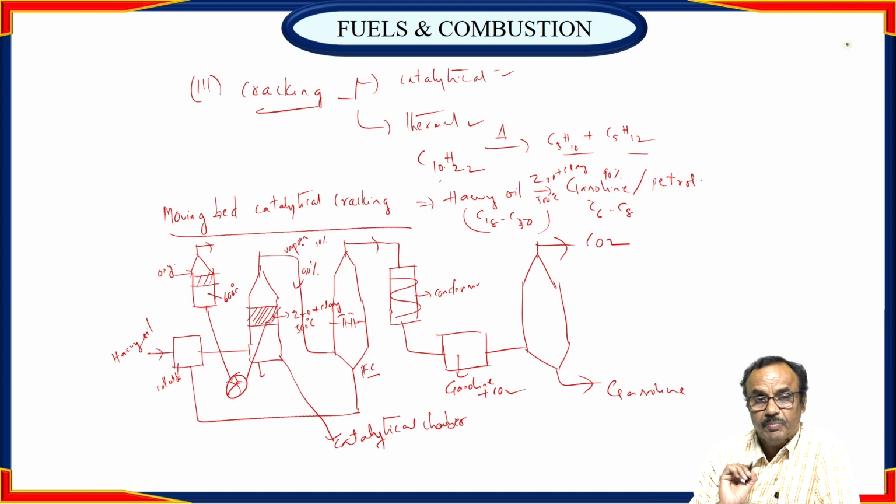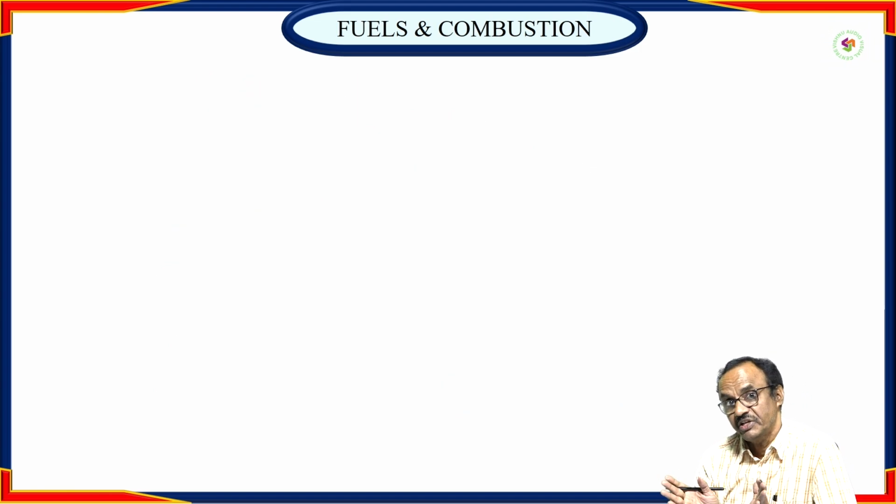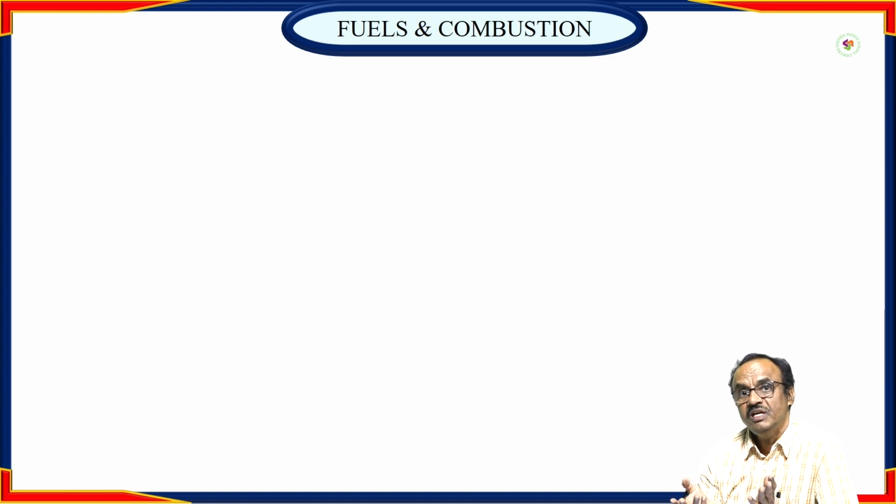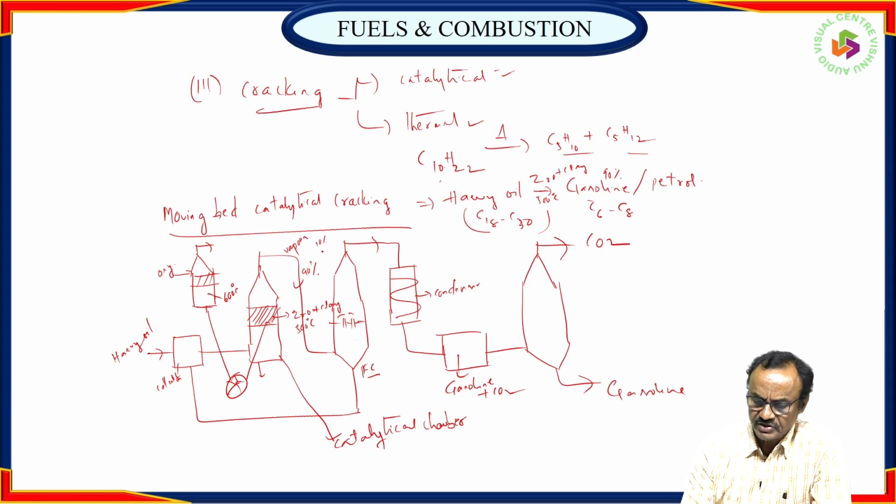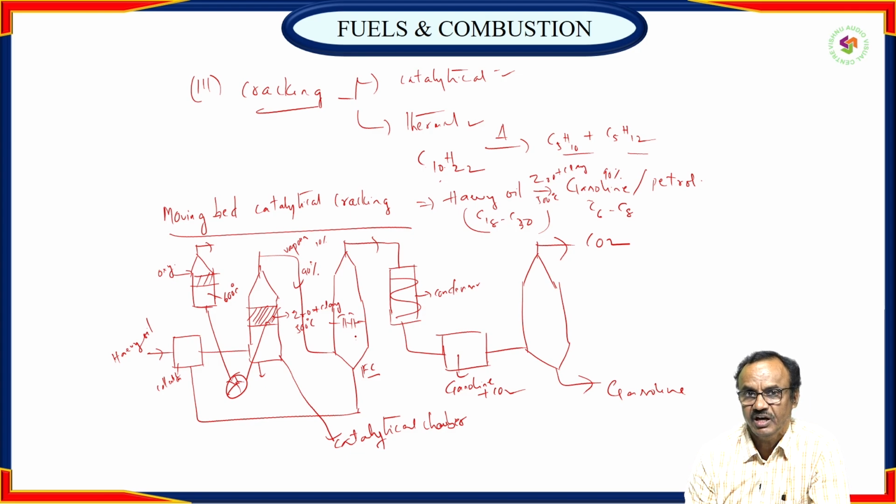So pass this into the fractionating column for separation. Obviously the heavy fraction condenses, the heavy unbroken 10% which is in vapor form, while 90% is gasoline. We need only gasoline, so for separation we pass this into the fractionating column.